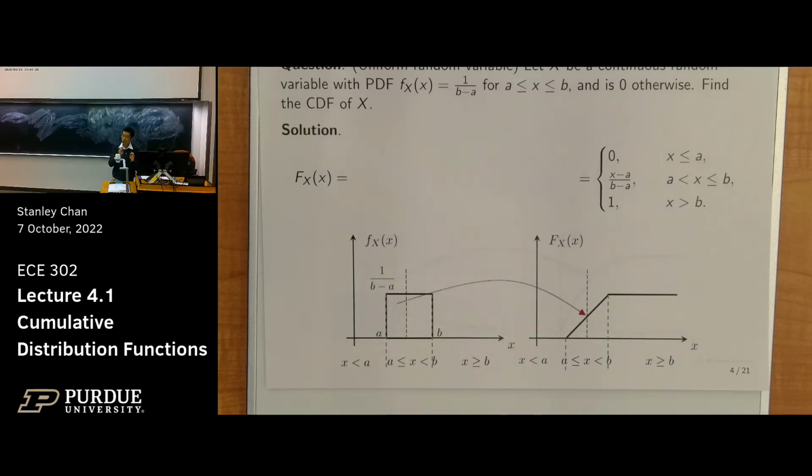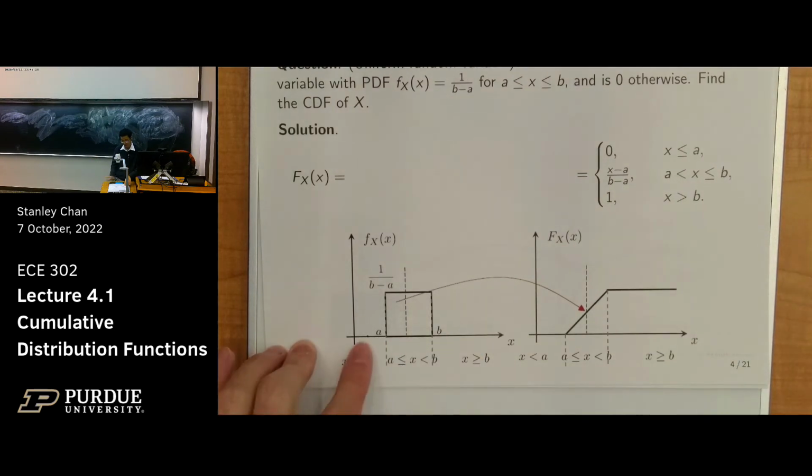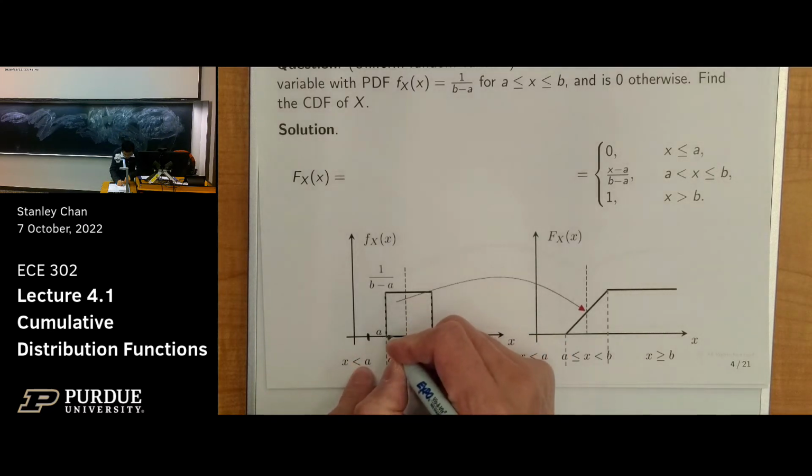This cumulative sum, of course, I need to accumulate from minus infinity all the way to the point that I want to see. So let's say I'm looking at a point just here. I'm accumulating all the mass up to this point. Do I have any accumulation? No. So it has to be 0. When will I start to have some accumulation? Well, you will start to have some accumulation when you go to this point.